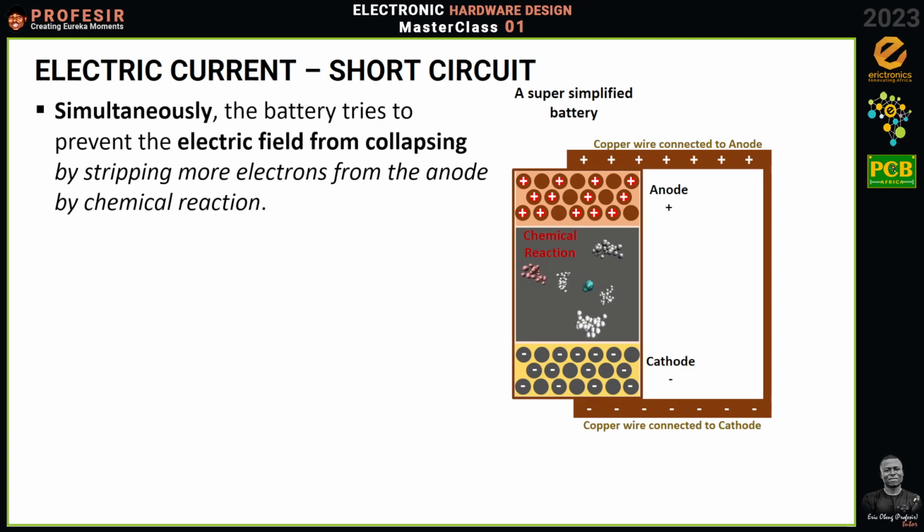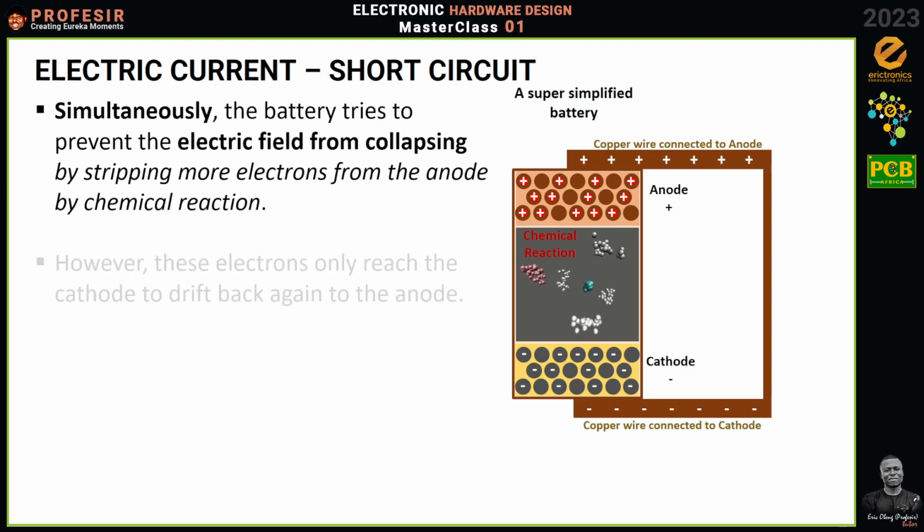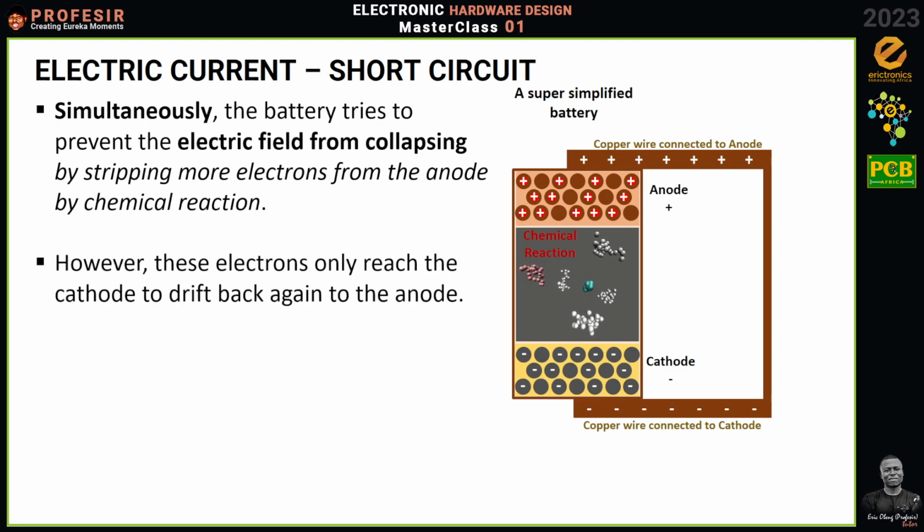So while this short circuit is happening and so much current is moving, the field is collapsing, and the battery also kicks in, trying to increase its chemical reaction in order to sustain the electric field. So the moment any electron is pulled from the anode to the cathode, the moment it gets to the cathode, that electron goes back again to the anode, because there is a short circuit path there, right? So it's almost like you are fetching water into a sieve, right?